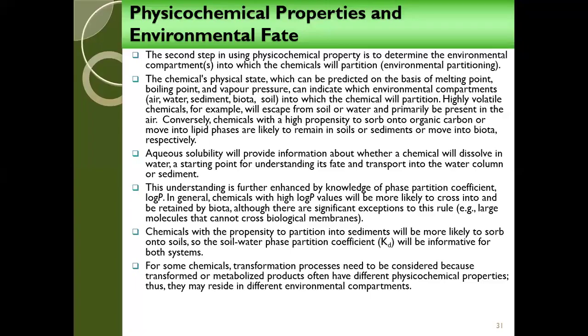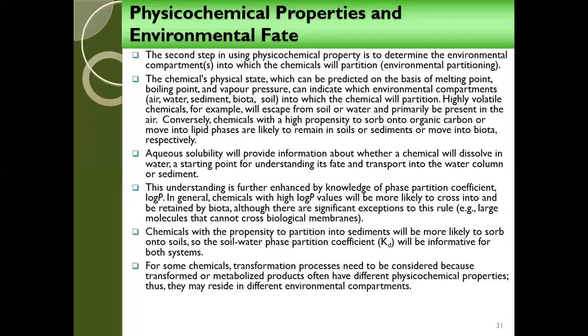So the second step in using physicochemical properties is to determine the environmental compartments into which the chemicals will partition. So the chemical's physical state, which can be predicted on the basis of melting point, boiling point, and vapor pressure, can indicate which environmental compartments, all right?